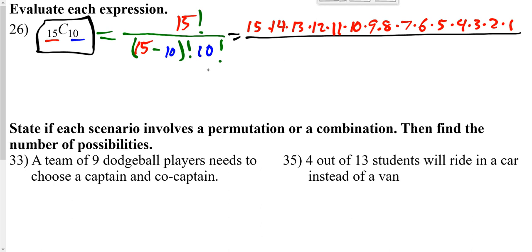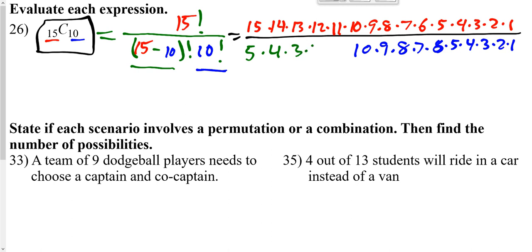So the second part, 10 factorial, now this first part, 15 minus 10, would be 5 factorial. Now you will notice you have 10 over 10, you have 9 over 9. So really all these here cancel.